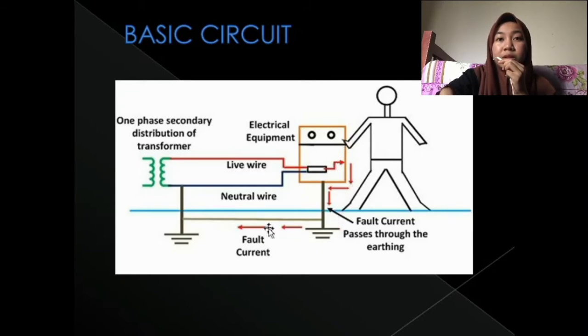So when the live wire and neutral wire bring a current, and when fault current passes through earthing, it will flow through the earthing electrode, which saves the equipment from electrical shock.